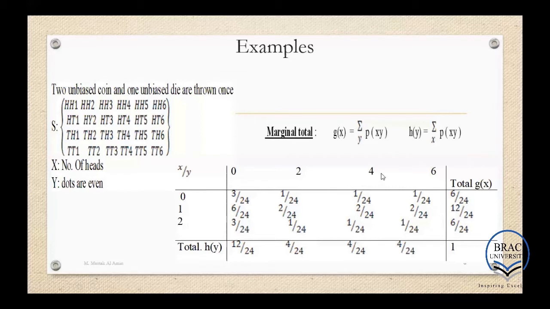When y equals 4, then the marginal probability is 4 over 24. So this table contains all joint probabilities of x and y and also the marginal probability of all the values of x, for example 0, 1 and 2, and all the values of y, 0, 2, 4 and 6.